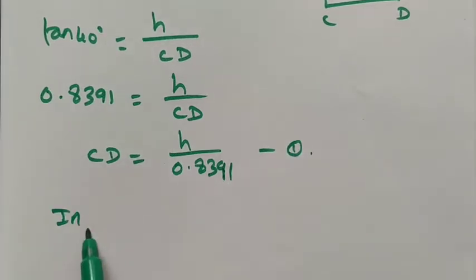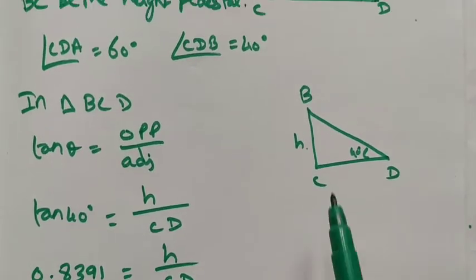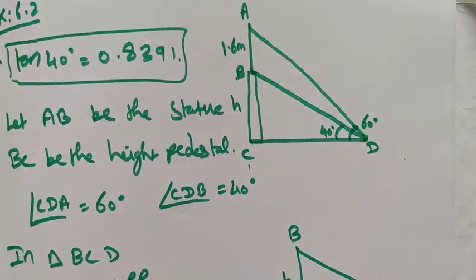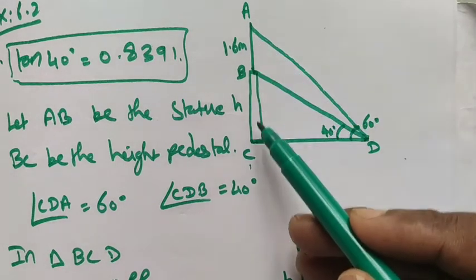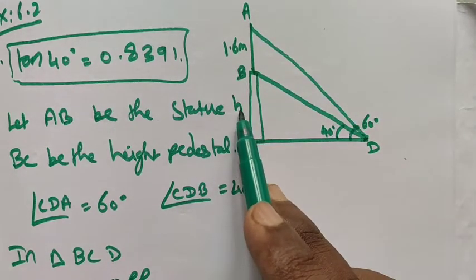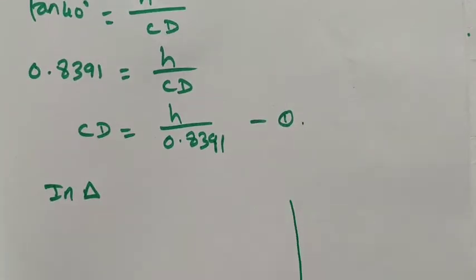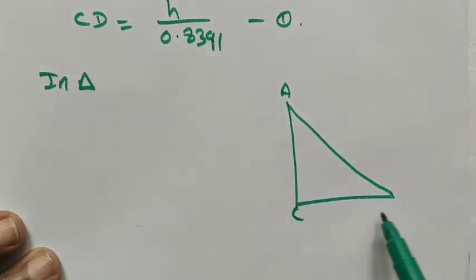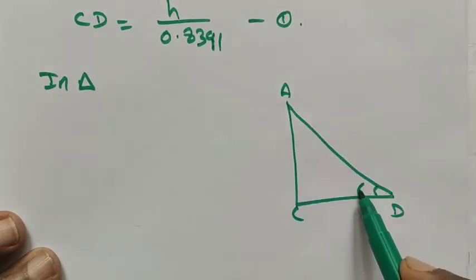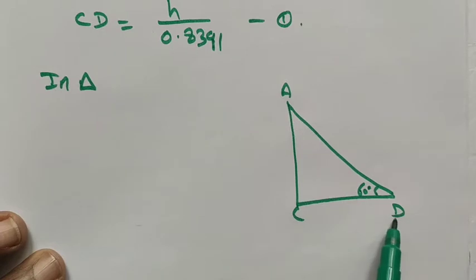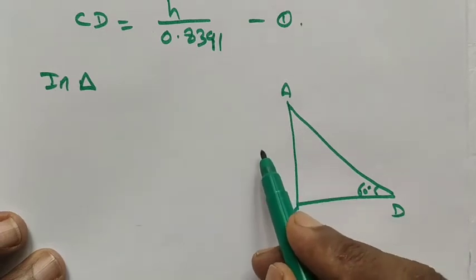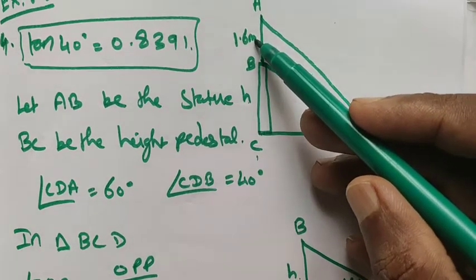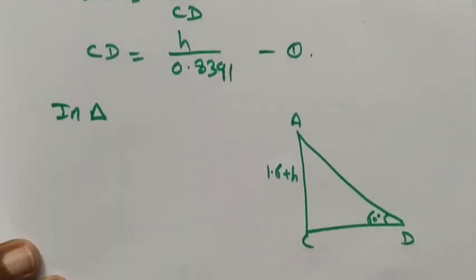Next, now we are going to take the triangle ACD. AC means the total AC is 1.6 plus H, right? I draw here another triangle, the triangle ACD, the biggest triangle. The angle at D is 60 degree, and this is 1.6 plus H, the sum of the two. 1.6 plus H is equal to AC.